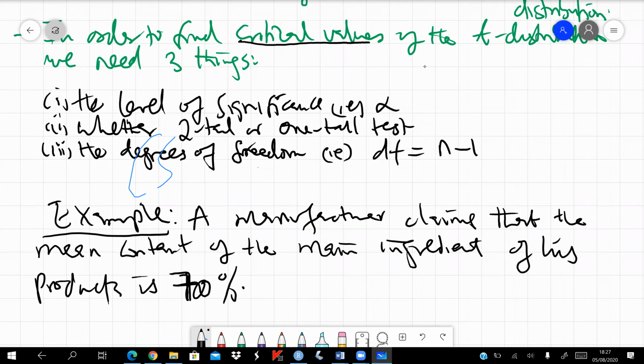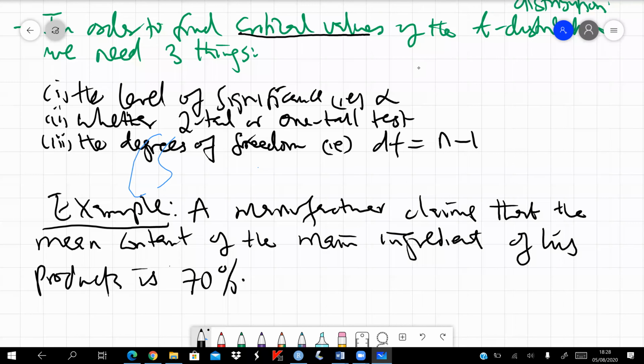You can think of a manufacturer of hand sanitizers during this time of COVID. There's a requirement by the Bureau of Standards to have the alcohol level, and alcohol here is the main ingredient, at 70%. So a certain manufacturer here claims that the mean content of the main ingredient of his products is 70%.